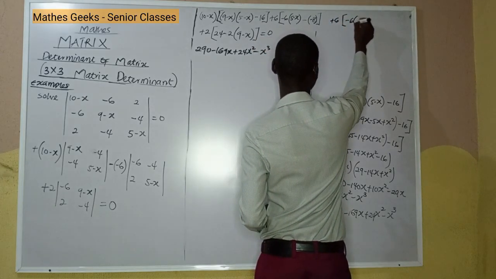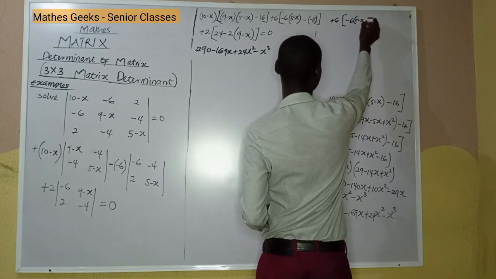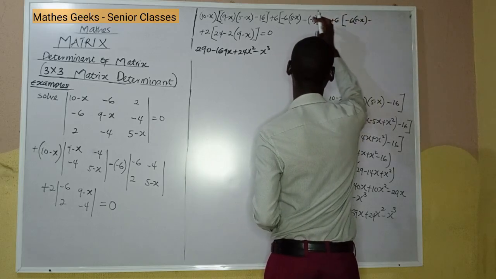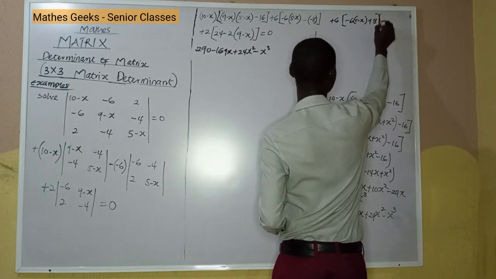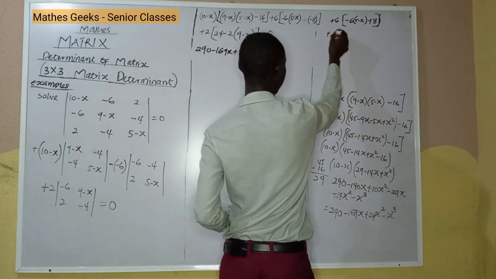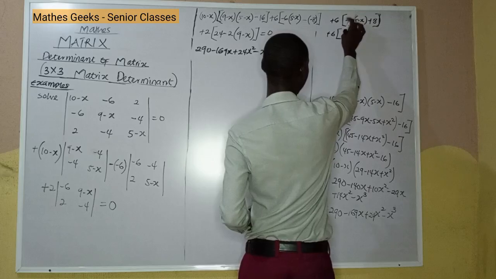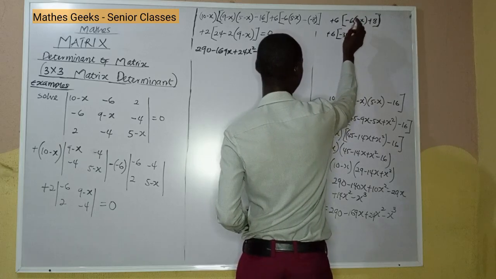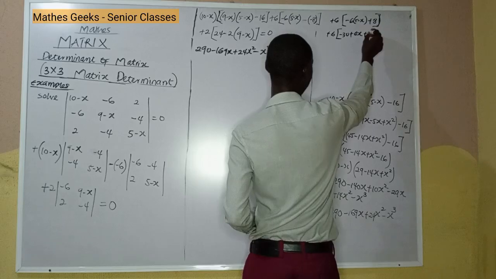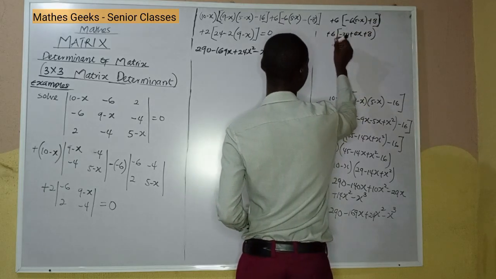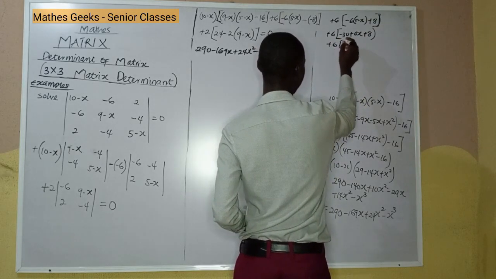Minus 6 times 9 minus x, minus x minus is plus 8. The plus 6 minus 6 times 5 is minus 30, minus 6 times minus 6x plus 6x plus 8 plus 6.